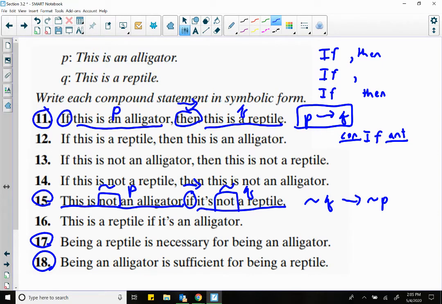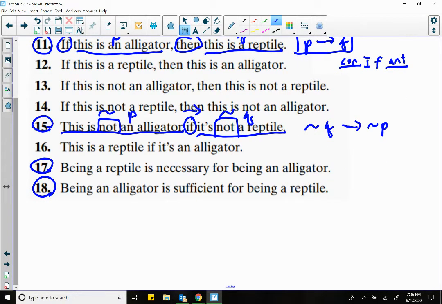Sometimes you will not see the word then because they drop it like it's hot. Okay? Sometimes they will write it backwards. Anybody that is attached with the word if is what we call the antecedent. Okay? Anybody that goes with the then is the consequent. Keep that in mind. And then right down here, 17 and 18.